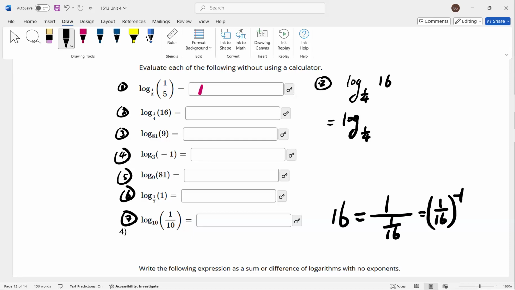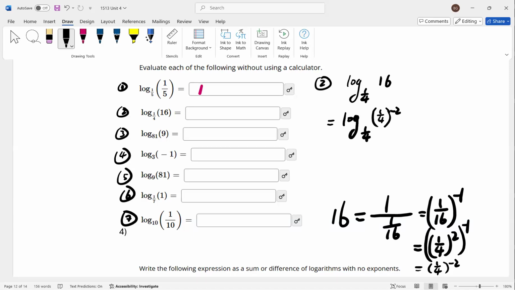Do you see that? And 1 over 16 is 1 over 4 to the power of 2. So we can write 16 as 1 over 4 to the power of -2. If you know how to do that, that is one way to get it done.